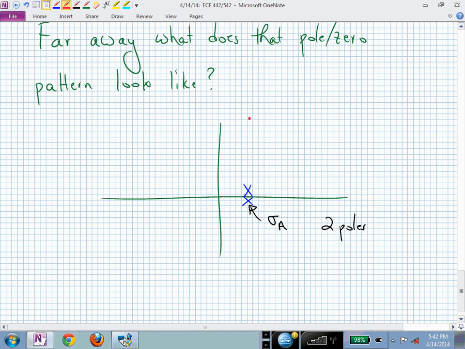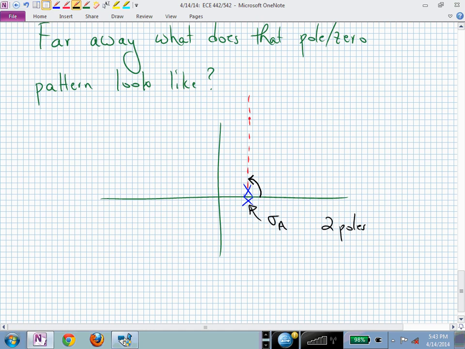You need to see if the angles contributed by all of your singularities, or your poles and zeros, sum to minus 180 degrees. In this case, if you look at that, the angle from this pole to that point is that angle. That's 90 degrees. This one has exactly the same angle if it looked up to that dot.